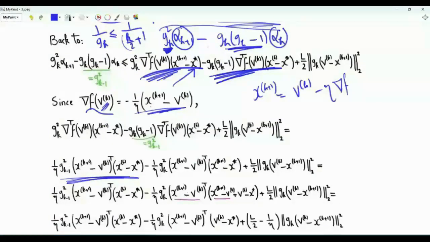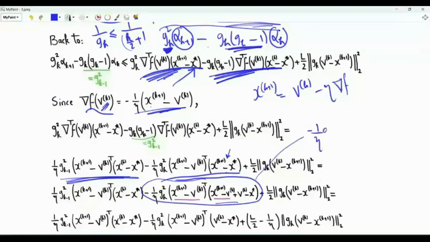After replacing the gradient vector in this term, let's subtract and add v_k in this bracket. We get x_{k+1} minus v_k plus v_k minus x star. This term here becomes minus 1 over eta g_k squared. Then the inner product of vector x_{k+1} minus v_k with itself. This is the L2 norm squared of x_{k+1} minus v_k.